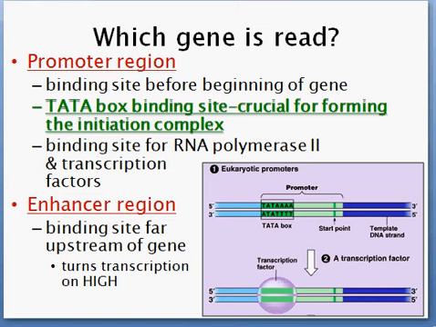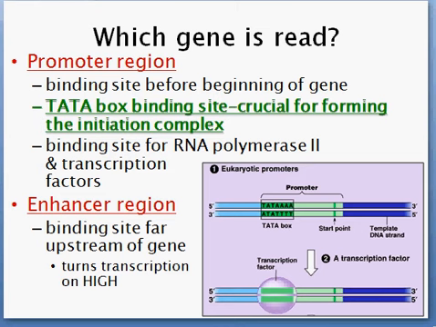And it's a binding site for the RNA polymerase II. And the other thing that actually allows the RNA polymerase II to bind there are transcription factors, and we'll talk about those in a second. But this complex of transcription factors and RNA polymerase II actually is how a gene gets identified.